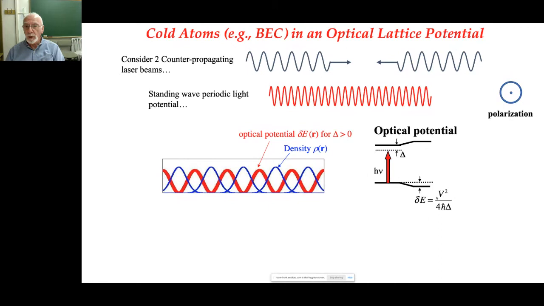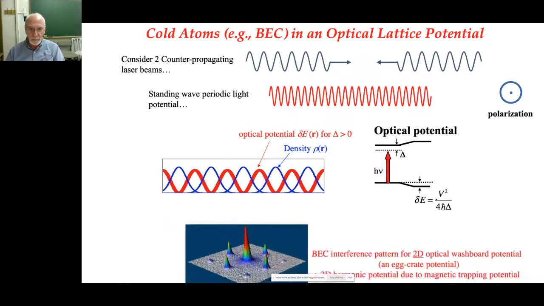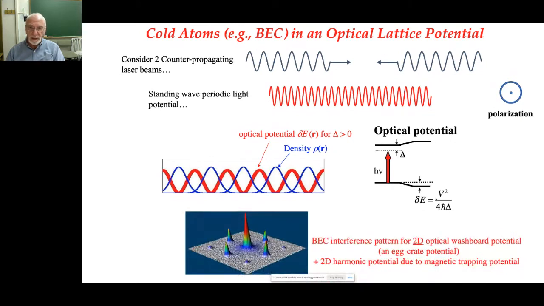And for atoms with hyperfine value larger than 1/2, even a tensor component. So these optical potentials were used to make Bose-Einstein condensate interference patterns.